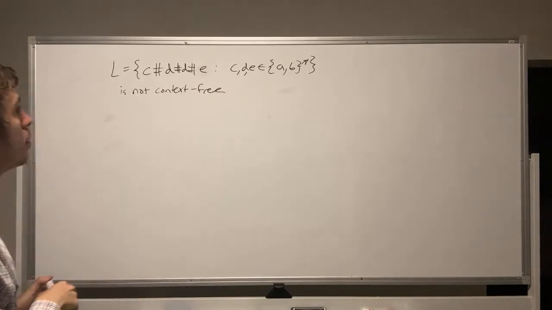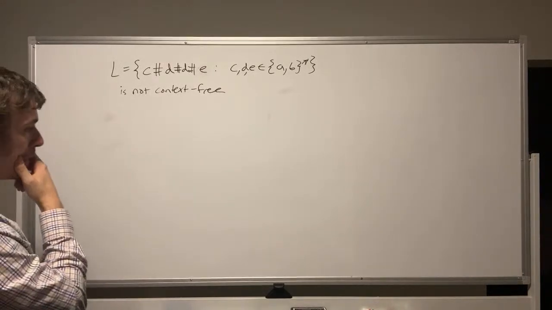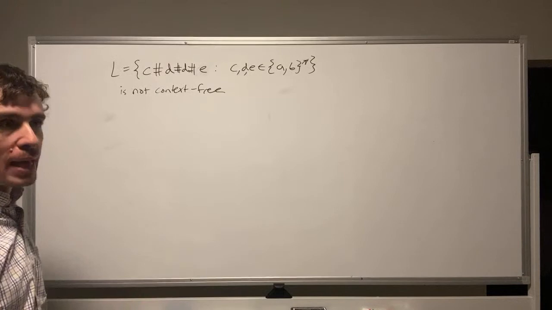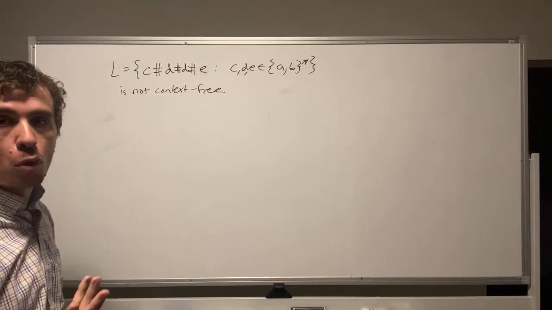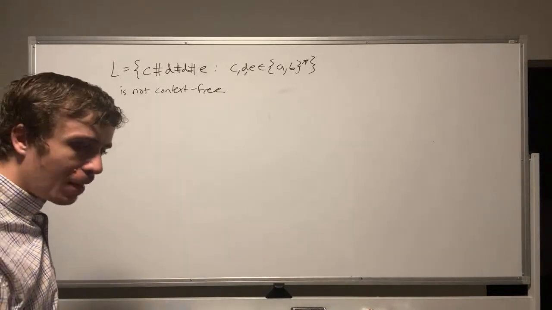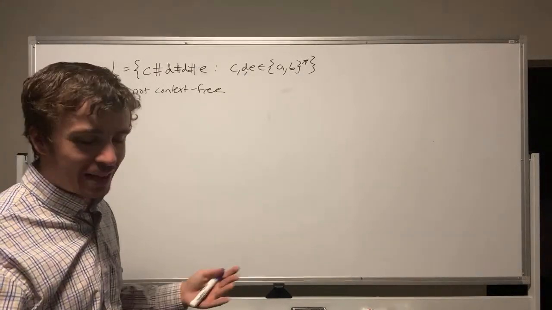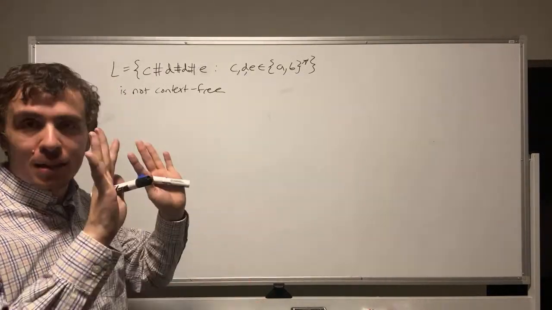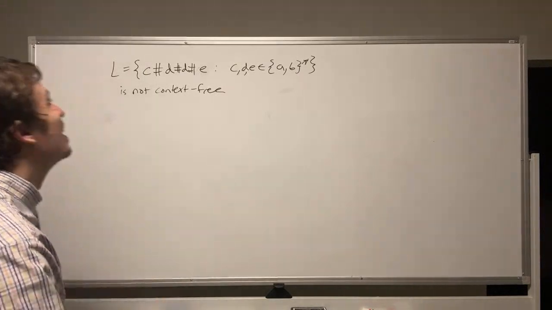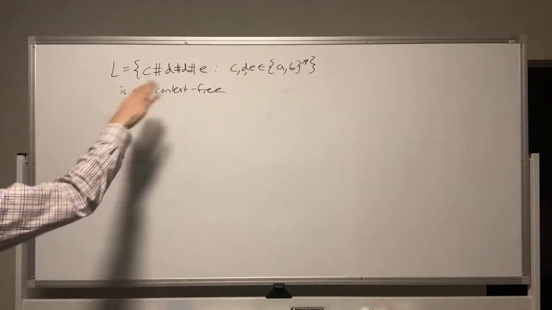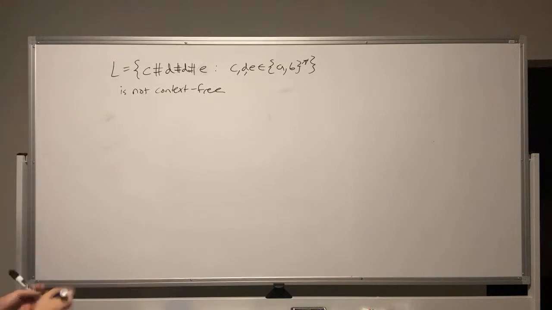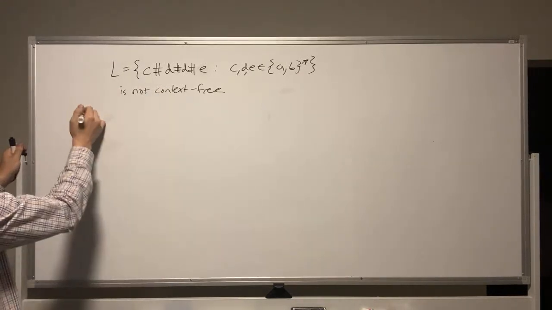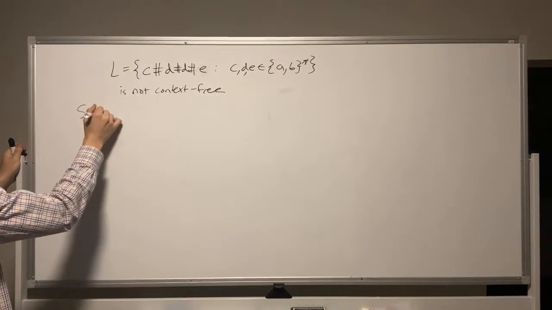Okay, so if it's not context free, the only real tool that we have to use is the pumping lemma for context free languages. If you know Ogden's lemma, which is a video of mine that I recently did, you can use that. Let's use the pumping lemma. So we have this language right here, and every pumping lemma proof starts off with supposing that it was not true.